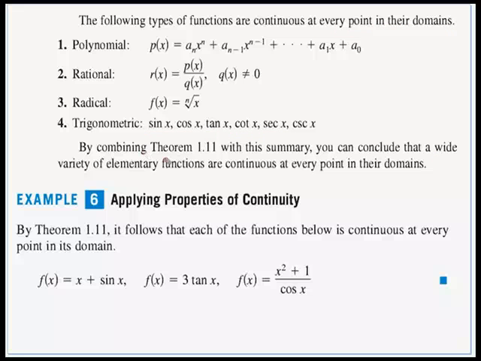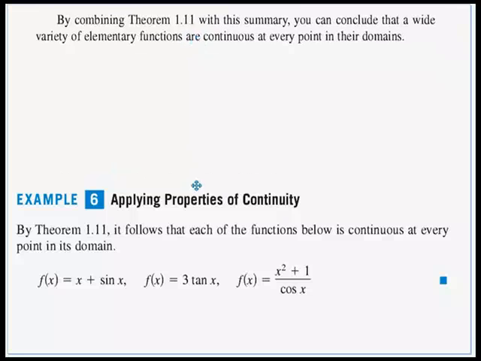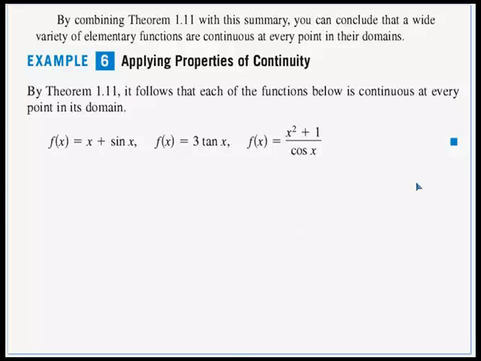So by combining this Theorem 1.11 with this summary, you can conclude that a wide variety of elementary functions are continuous at every point in their domain. Let's see here. f of x is x plus the sine of x. Well, x is a continuous function, plus sine is another continuous function.